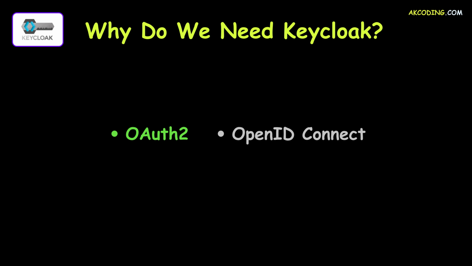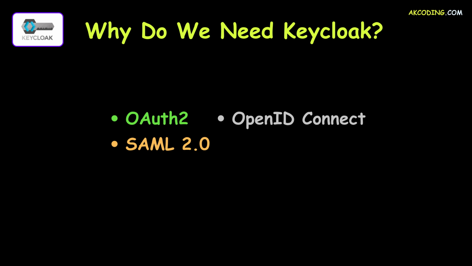It supports all major standards like OAuth 2, OpenID Connect, and SAML 2.0. So you can integrate it easily with backend APIs, front-end apps, and even legacy systems. And here is the best part. It also supports single sign-on, that is SSO, out of the box. So a user can log in once and access everything seamlessly.